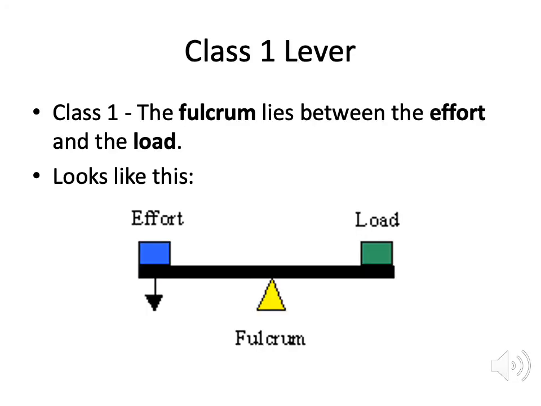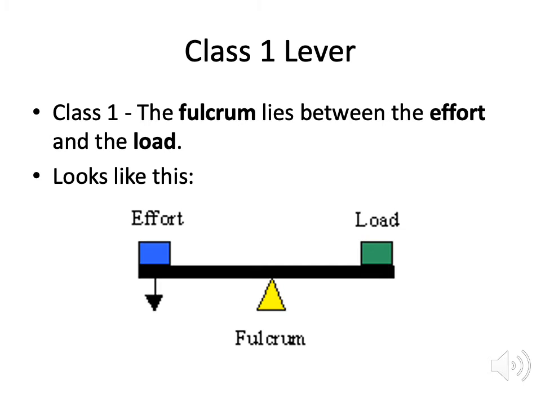Levers can be categorized into three types, and this depends upon the position of the fulcrum, the effort, and the load in relation to each other. When the fulcrum is between the effort and the load, we have a first-class lever system. So it's your classic seesaw arrangement. A first-class system can produce what's called either a mechanical advantage or disadvantage, depending on whether the effort or resistance is closer to the fulcrum.